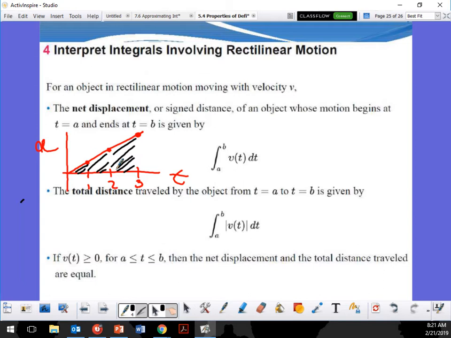A lot of times I like referencing me walking to Douche Brothers down the street, which is 1 mile. If I start here and go there, I have a positive displacement, right? Okay, positive displacement. Now I walk backwards from Douche Bros to here.